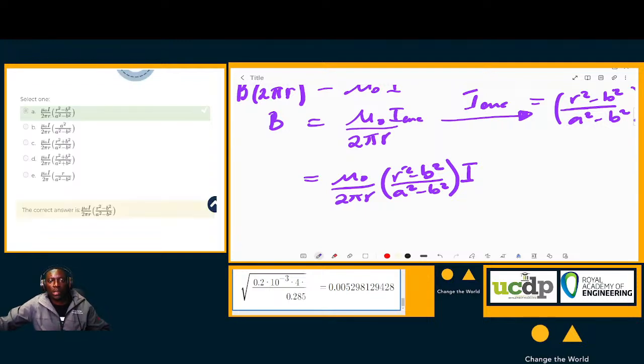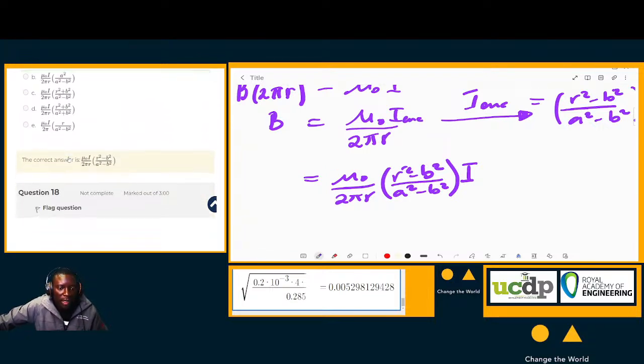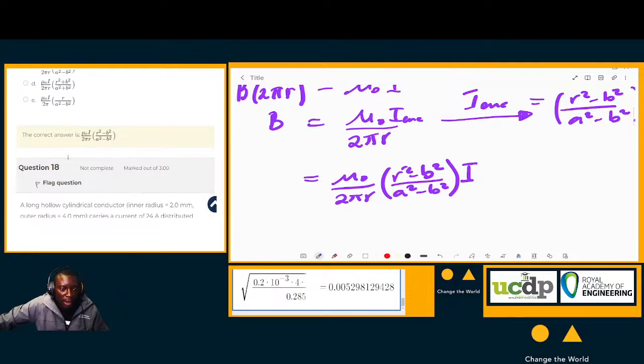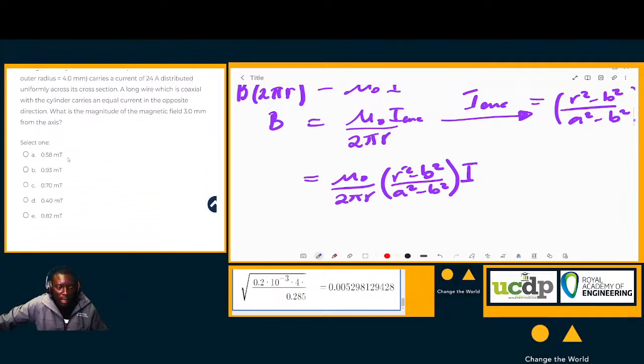Okay, so that's our answer for that question. It's mu naught I over 2 pi r multiplied by (r squared minus b squared) over (a squared minus b squared). That's the fraction of the current responsible for the magnetic field at that point, the enclosed current. So I won't dwell much on that.